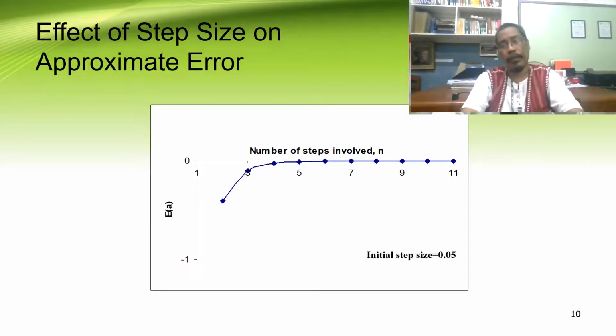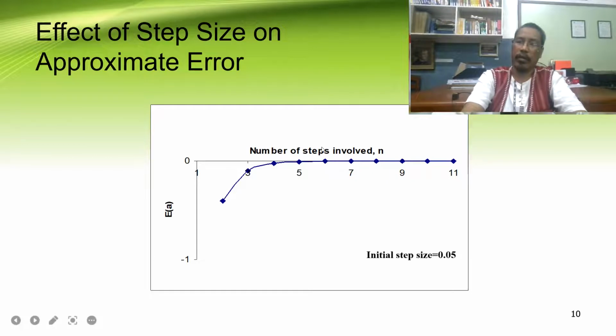If you can see from all of the examples, forward divided difference, backward divided difference, and central divided difference, about the fourth line or fifth line is sufficient. 1, 2, 3, 4, 5. The fifth line is enough. No need to go to this length, almost negligible.